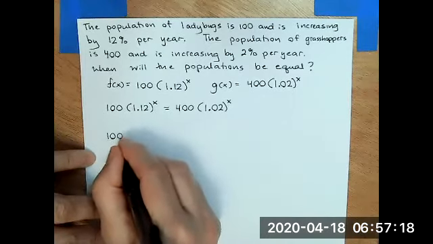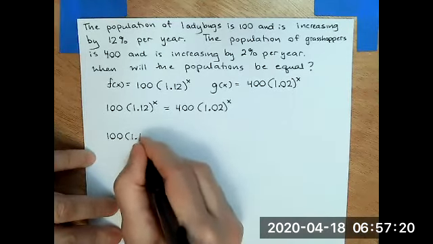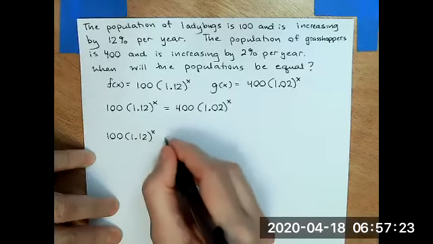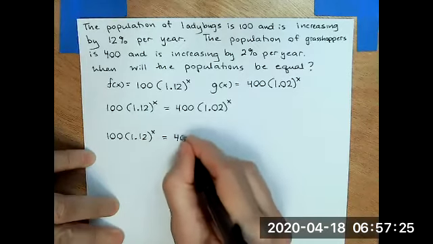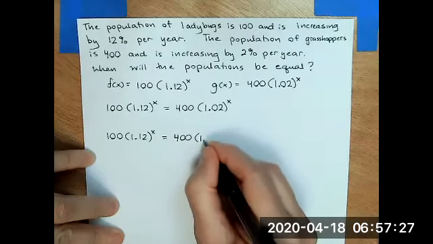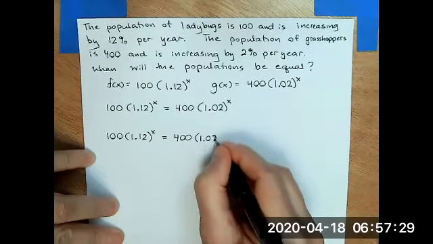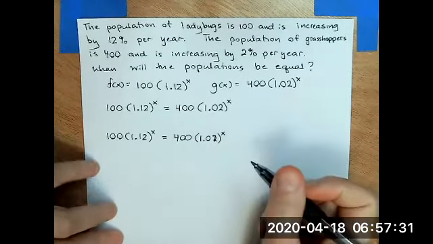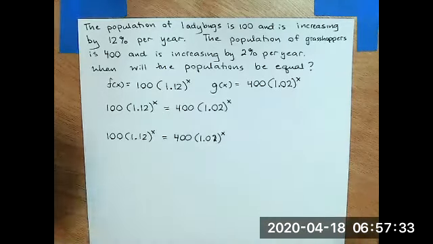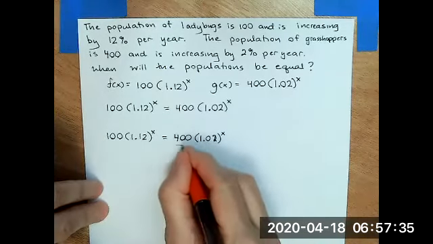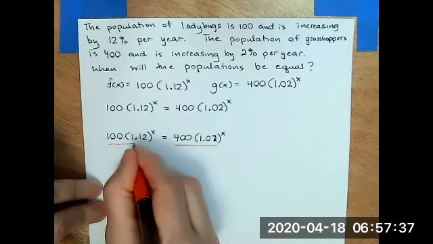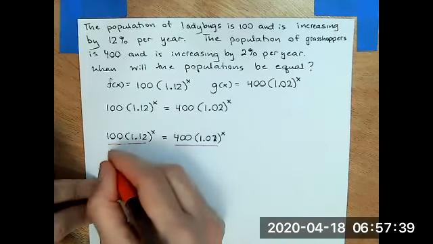And you can take the log of both sides at this point, but I like to simplify as much as possible before taking the log. So I'm going to divide both sides by 100.